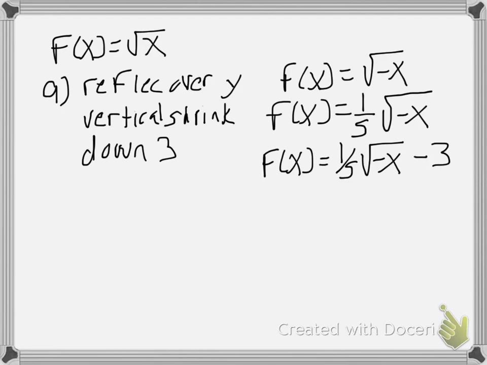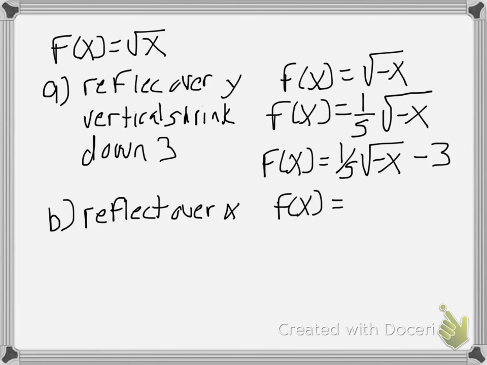Okay. Now for part B, we're going to start back over with our square root of x. Okay? So we have reflected over the x-axis this time. So now f of x is simply negative square root of x. See the difference?